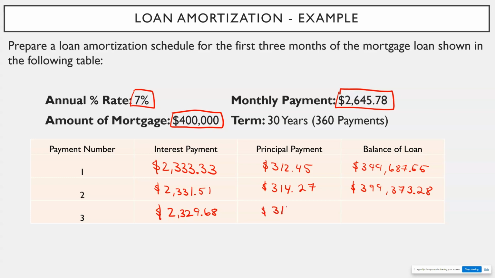So this was $316.10. And as a result, the balance of the loan has fallen. $399,057.18.